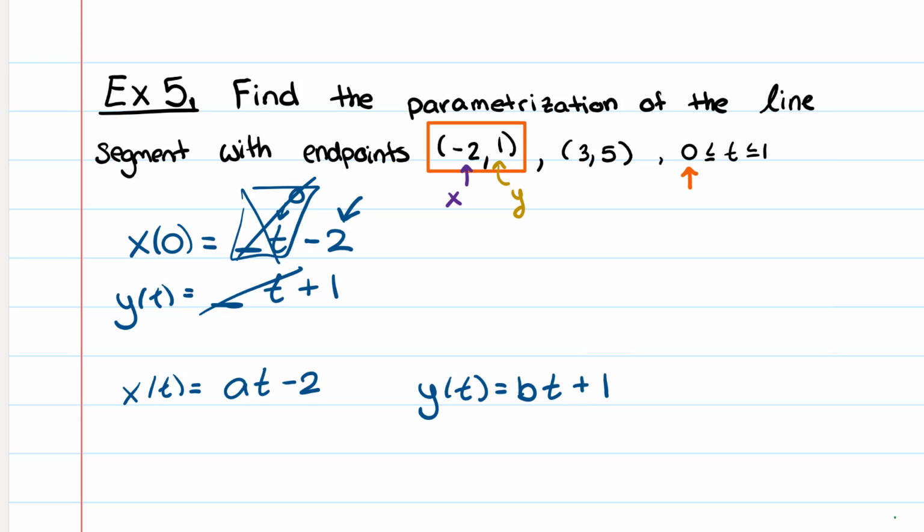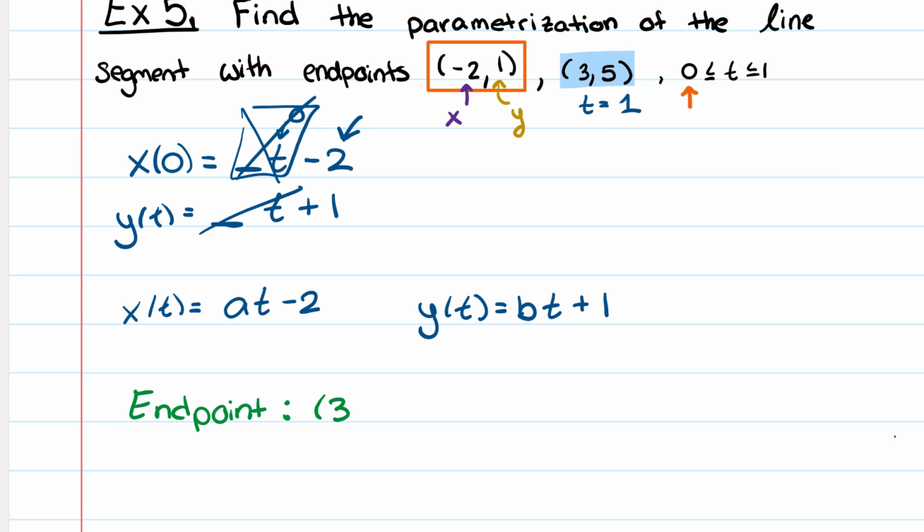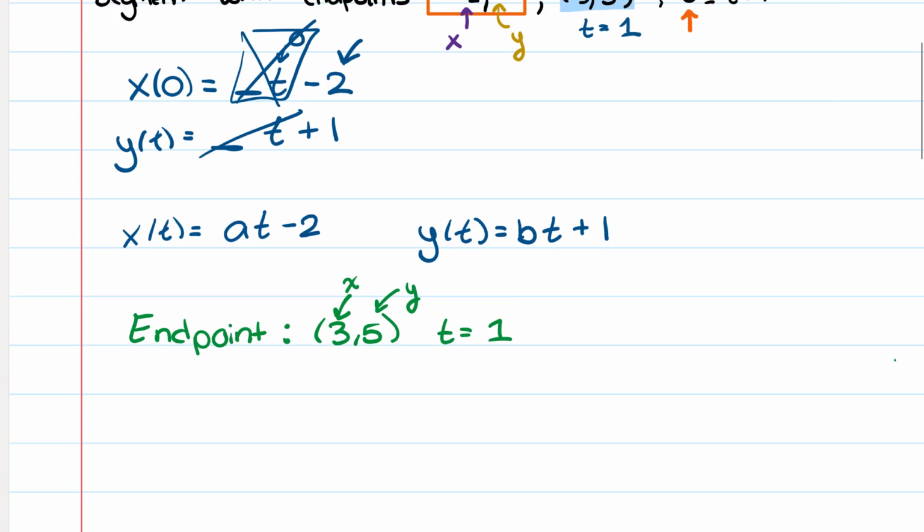So now, we're given another point, which is right here, (3, 5), and this happens when t is equal to 1, because that's our endpoint. So when t is equal to 1, x better be 3, and y better be 5. So then x of 1 is a times 1 minus 2, which better equal 3.